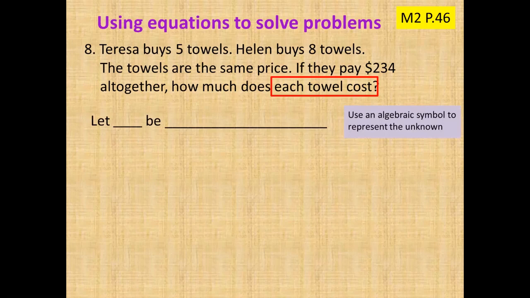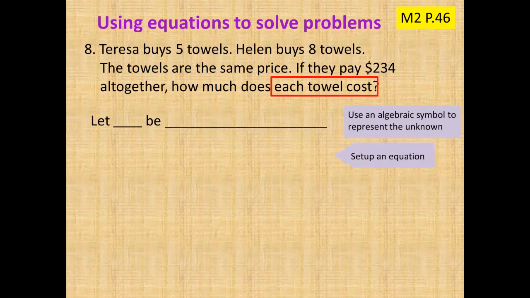So you should try to let the algebraic symbol be the unknown by yourself. And then the second step, after you finish using an algebraic symbol to represent the unknown, you need to set up an equation. But I won't give you the answer. I will just give you some hints over here.